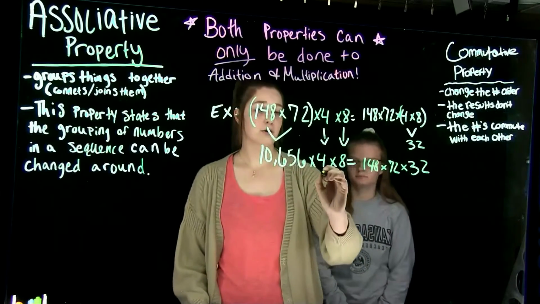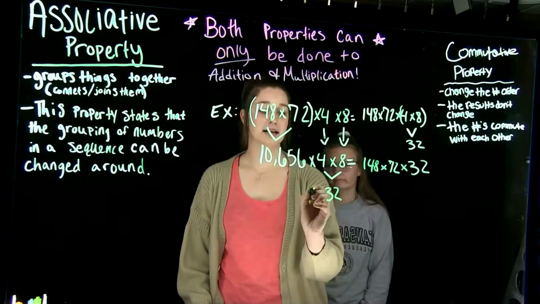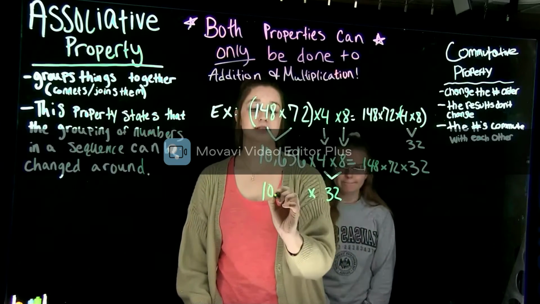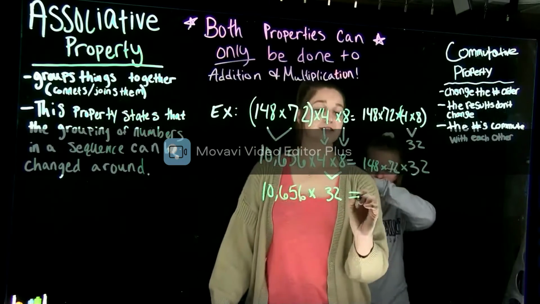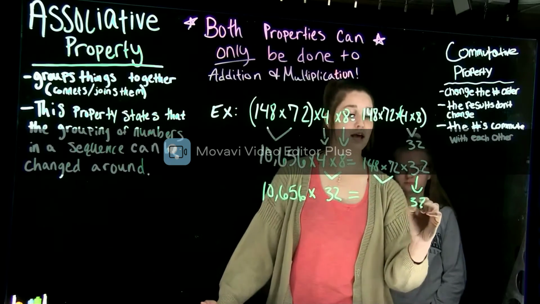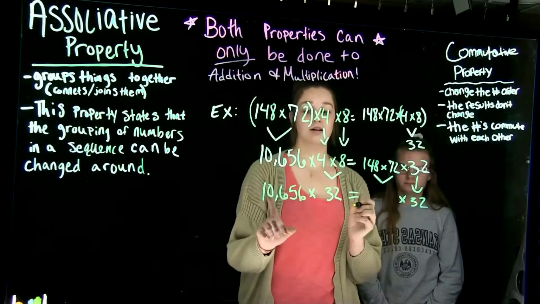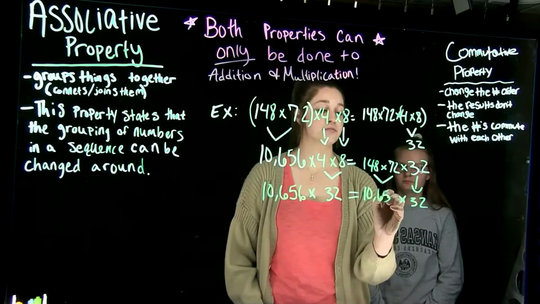And as we already know, this group together is 32. So you bring that down times what you got over here, which is 10,656, equals your 32 that you'll bring down. And then what you got from over here on this one, your 10,656.